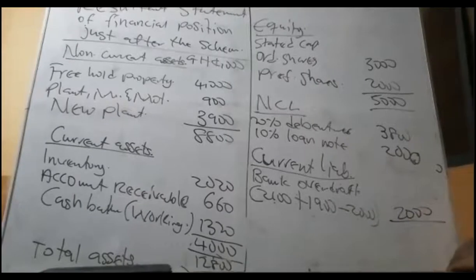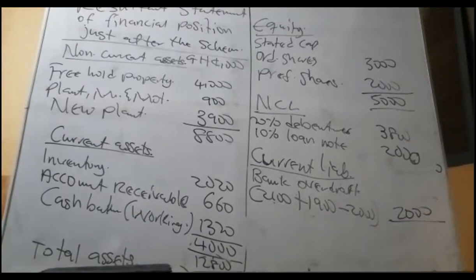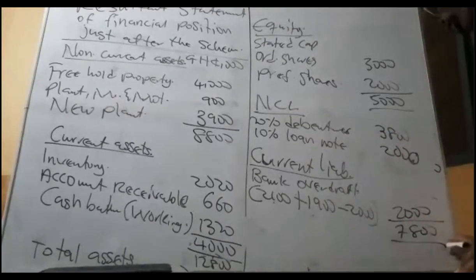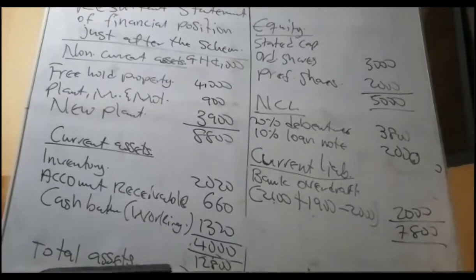What is the total liabilities? So total liability will be 3,800 plus 2,000 plus 2,000, making 7,800. This is total liabilities. Then you go to equity and liabilities.